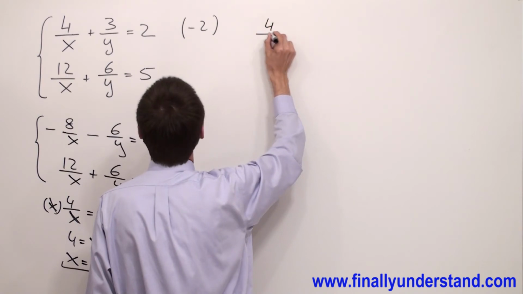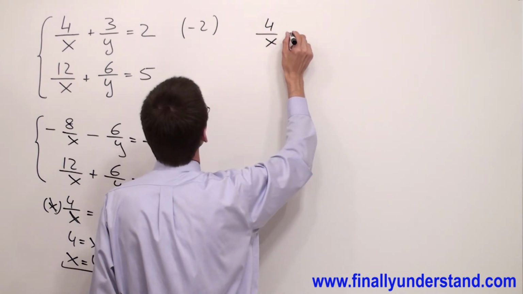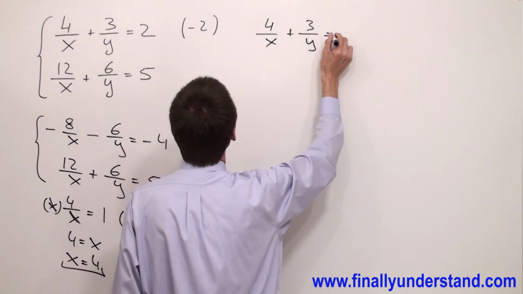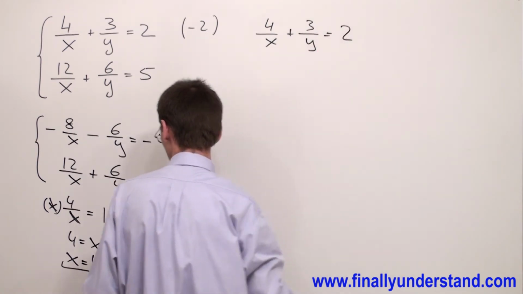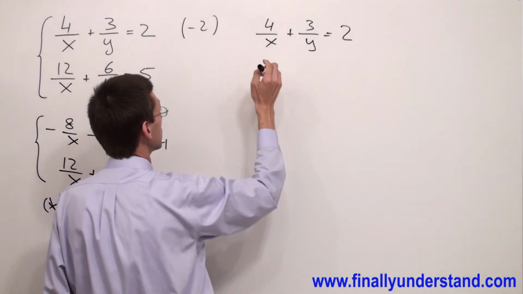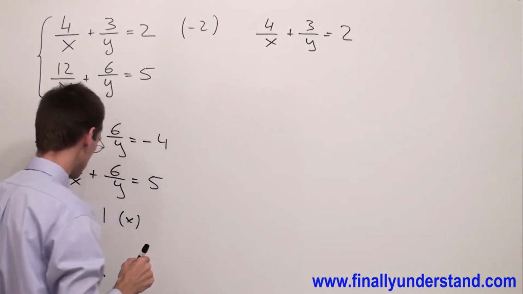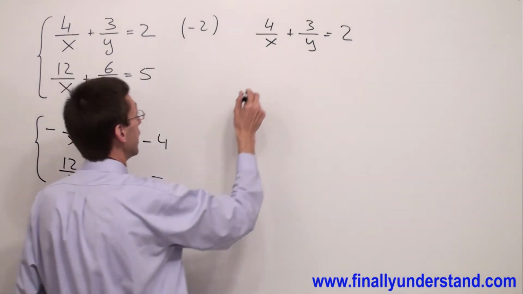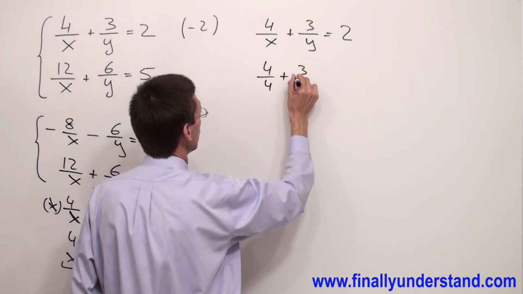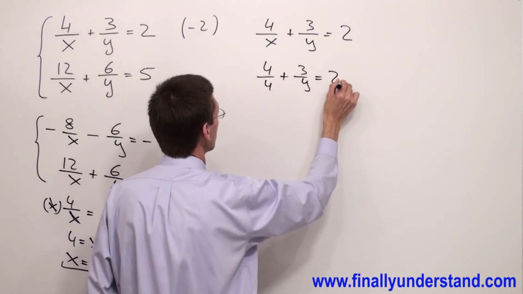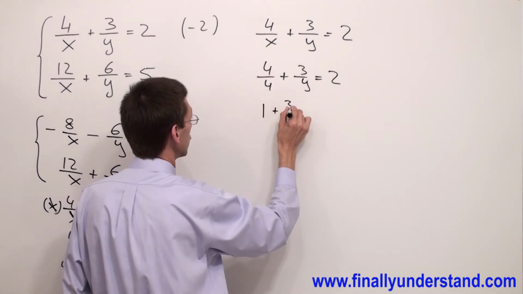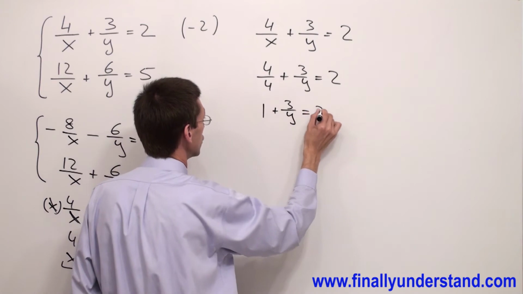So I have 4 over x, let me copy this down, plus 3 over y is equal to 2. But instead of x, we're supposed to write 4. We're supposed to substitute x by 4 because x is equal to 4. I have 4 over 4 plus 3 over y is equal to 2. 4 over 4 is equal to 1, plus 3 over y is equal to 2.